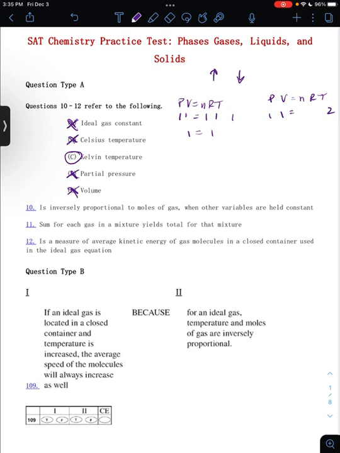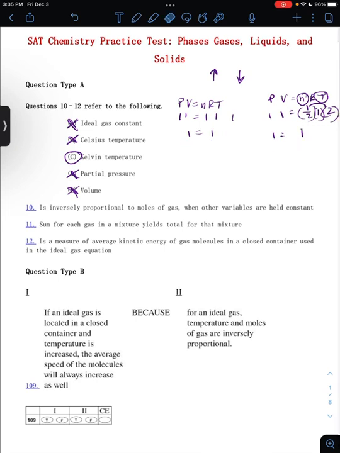And let's say that we do half the number of moles. So we'll keep the R the same, and we'll say half. Are we still going to get 1 equals 1? Yeah, we will. So that means that these two, the number of moles and temperature, are inversely proportional. So if one goes up, the other one goes down, and you'll still keep this 1 equals 1.